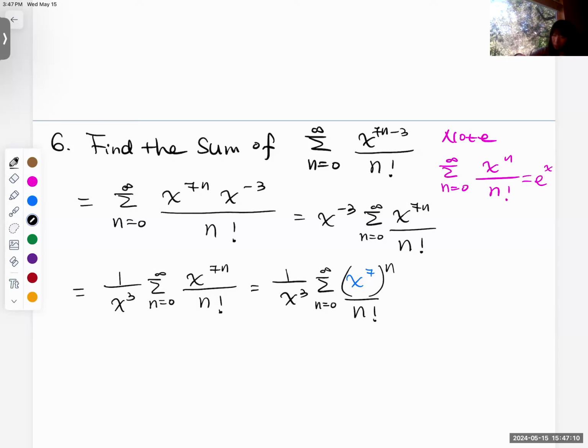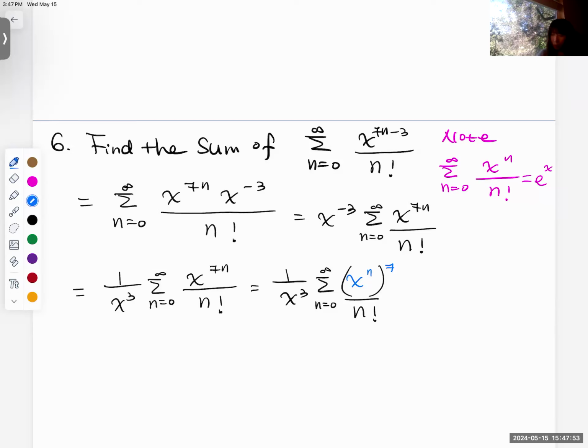Okay, now, can you see that? I want to express this one better, right? So x to the n to the 7 power. How about that? That is better, isn't it? Yeah.